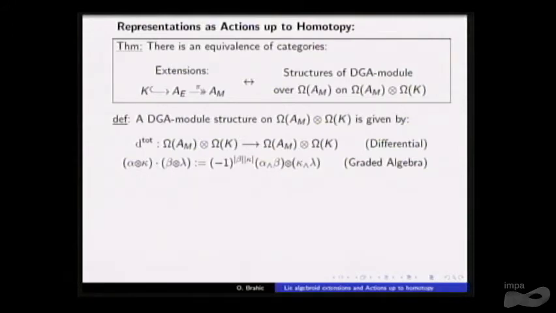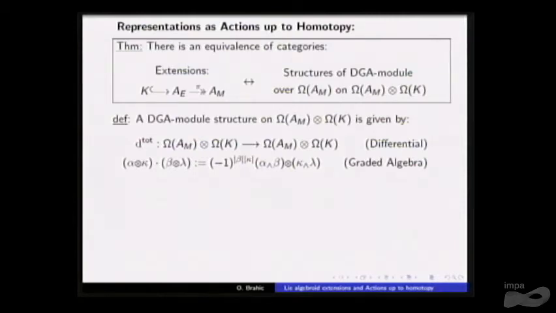So the definition is that first, it should be a DGA, so it should come with a differential. This differential I'm going to denote by d tot, and it goes from this tensor product to itself. Notice that I'm seeing this as somehow a vector field on these functions.